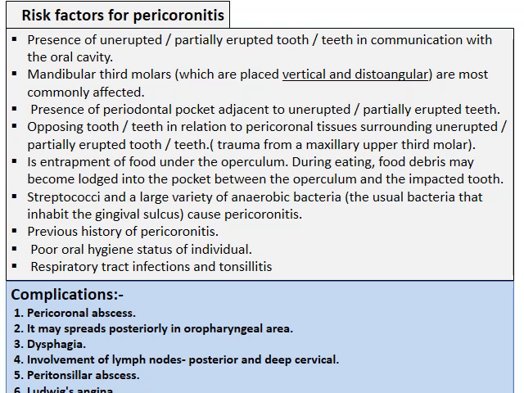It may spread posteriorly in the oropharyngeal region, not only posteriorly, lingually, distally, anteriorly, downward, leading to dysphagia and involvement of the lymph nodes in lymphadenitis, as I told you before about the acute phase.